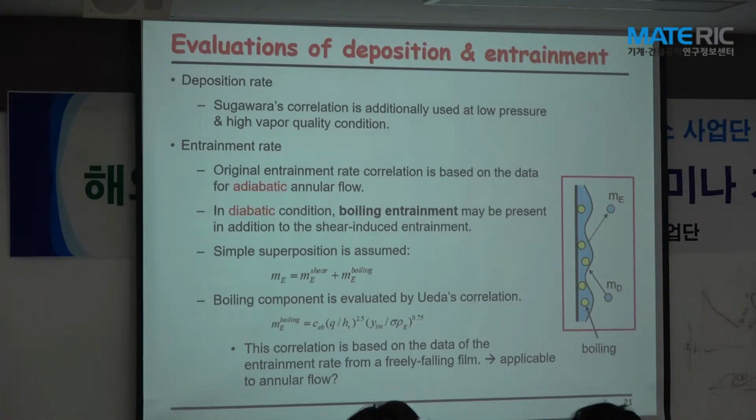There are some questions, and my Swedish friend said that he measured the film flow rate, and if this correlation is included, the prediction is completely different from the experimental data. So I don't recommend you to use this one, he said. But anyway, yeah. Okay.